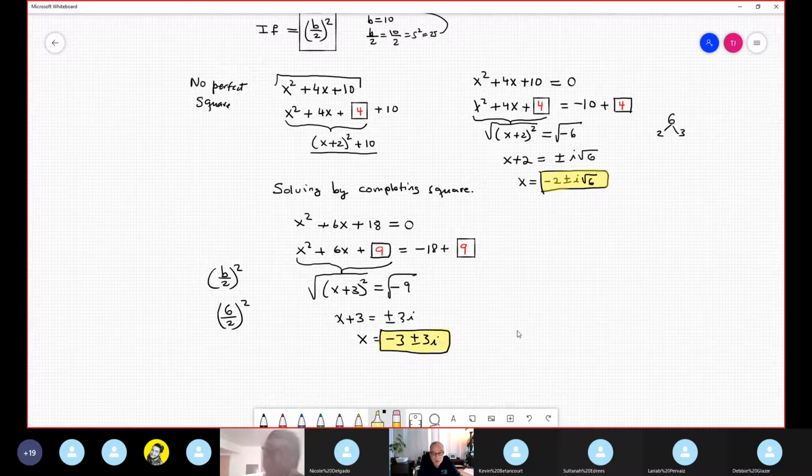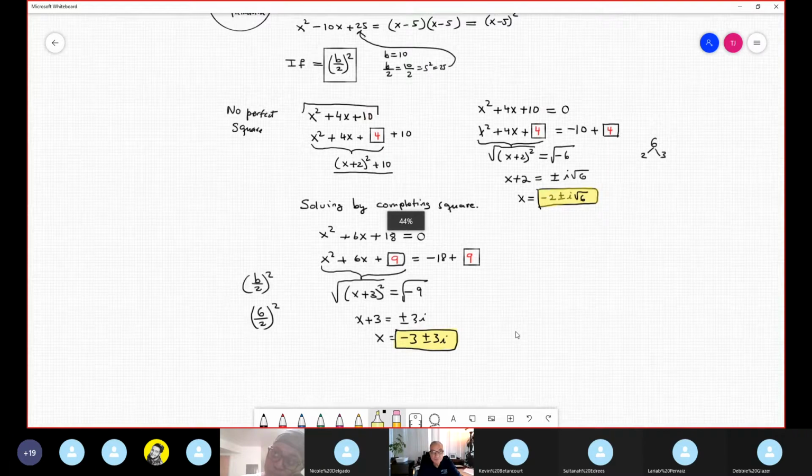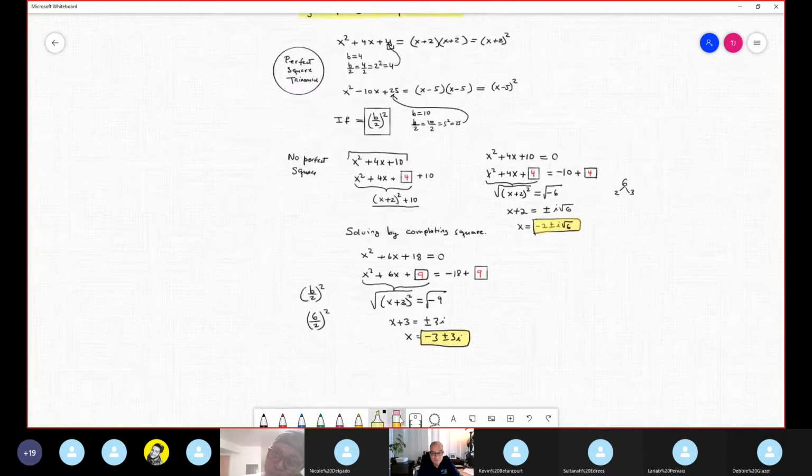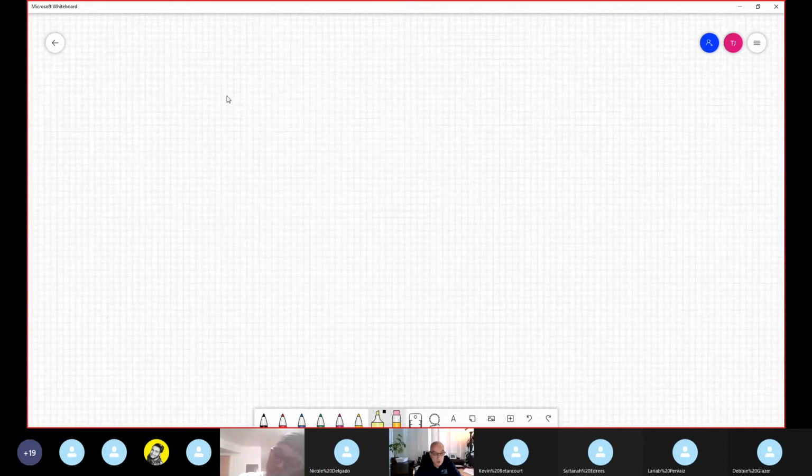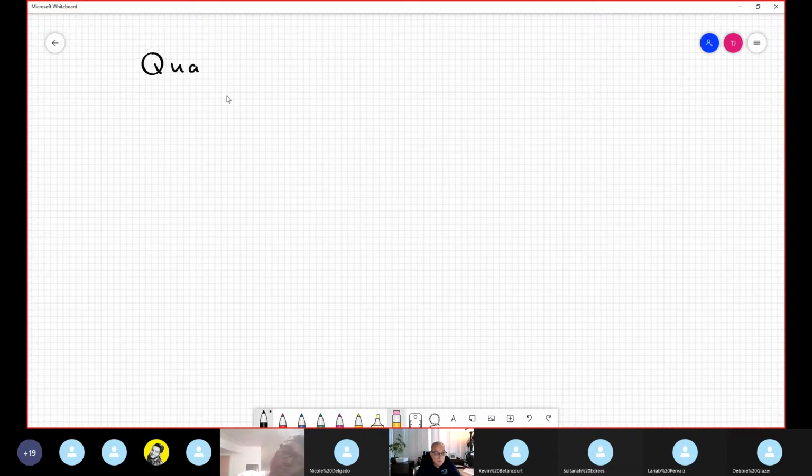I want to explain it right now. Ready, guys? I want to raise the board. The most efficient way for solving a quadratic equation is using the quadratic formula.